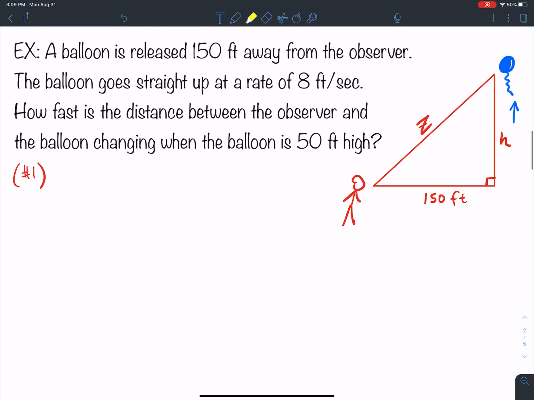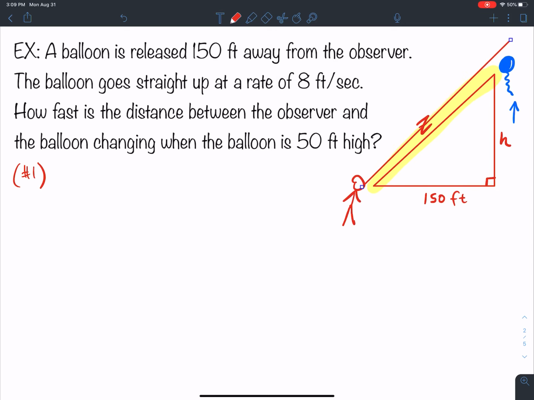Okay, number one, I want to know what they want. How or find, whatever, that tells me whatever comes next is what I'm looking for. So how fast is the distance between the observer and the balloon changing? The distance is changing as the balloon changes heights.